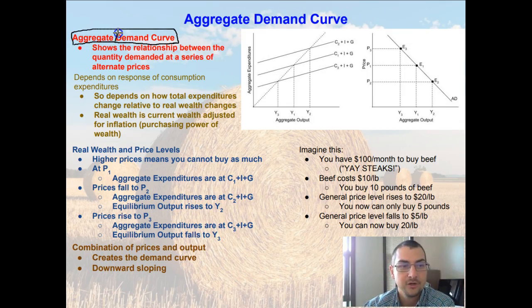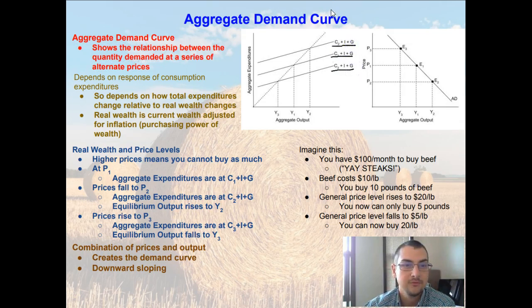What the demand curve really shows is the relationship between the amount of output that's going to be demanded within the United States or within a macroeconomy at alternate prices. So what if prices change? Whenever we talk about these alternate prices, we're talking about the general price level within this particular macroeconomy.